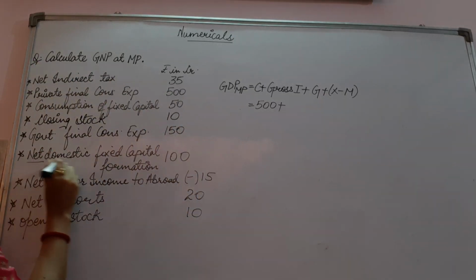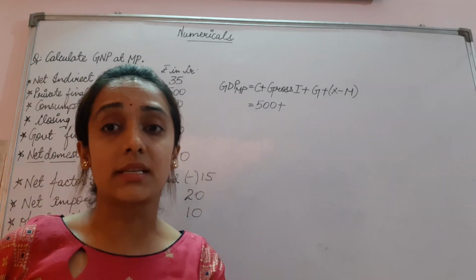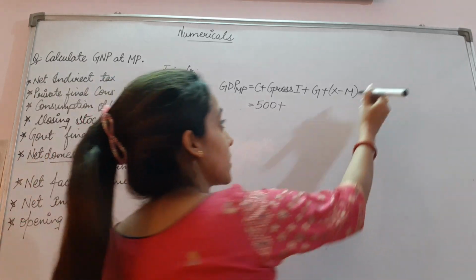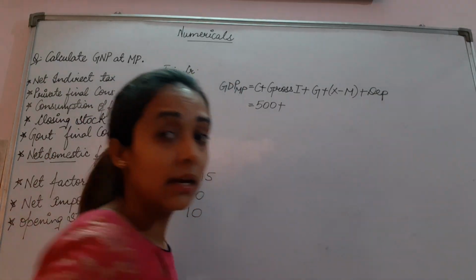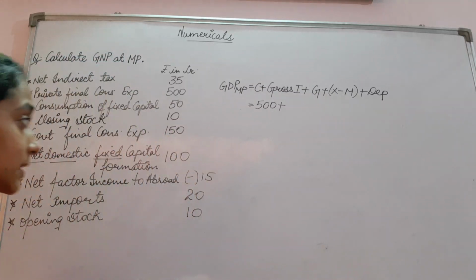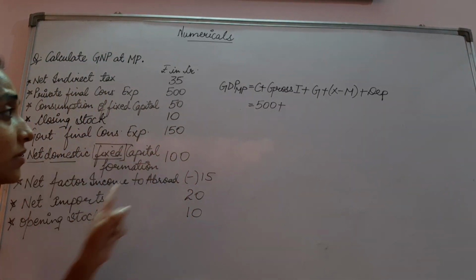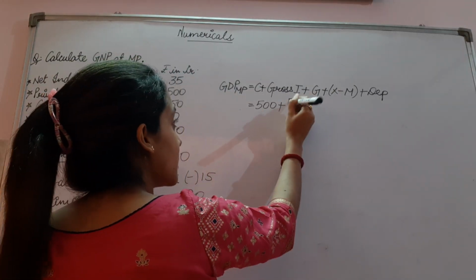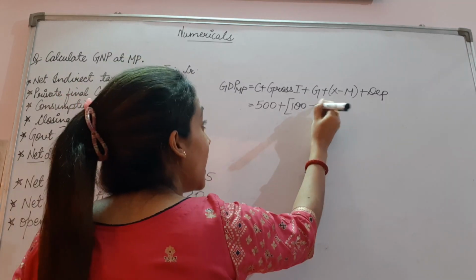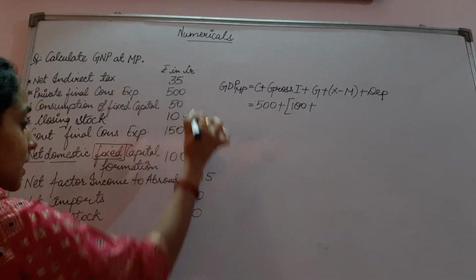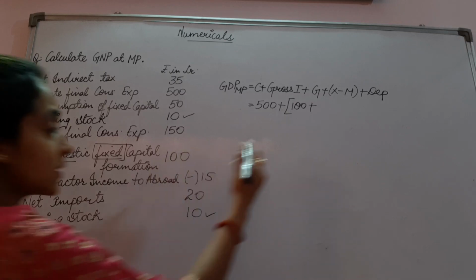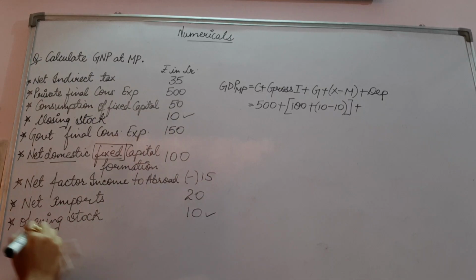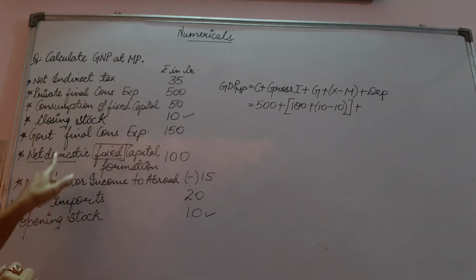It is given as net domestic, and also the word fixed is given. So for net, first we have to calculate it in gross, that is plus depreciation. And second, when it is given as fixed, we will add change in stock. What is given? 100, that is fixed capital formation, plus change in stock, closing stock minus opening stock, 10 minus 10. What is G? Government final consumption expenditure.